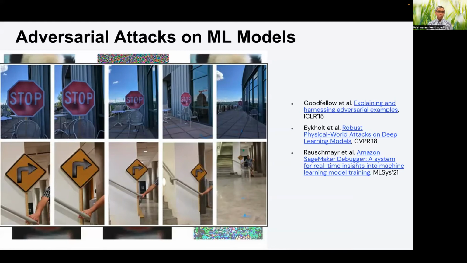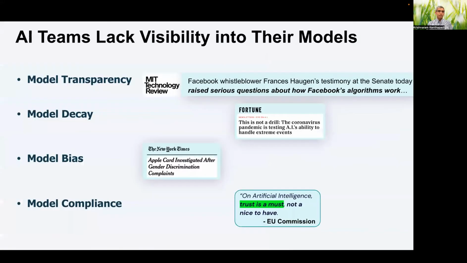So more broadly, if you take a step back, machine learning and AI teams today face a variety of challenges with their models. These range from lack of model transparency to model decay, model bias, challenges with meeting compliance, and so forth.